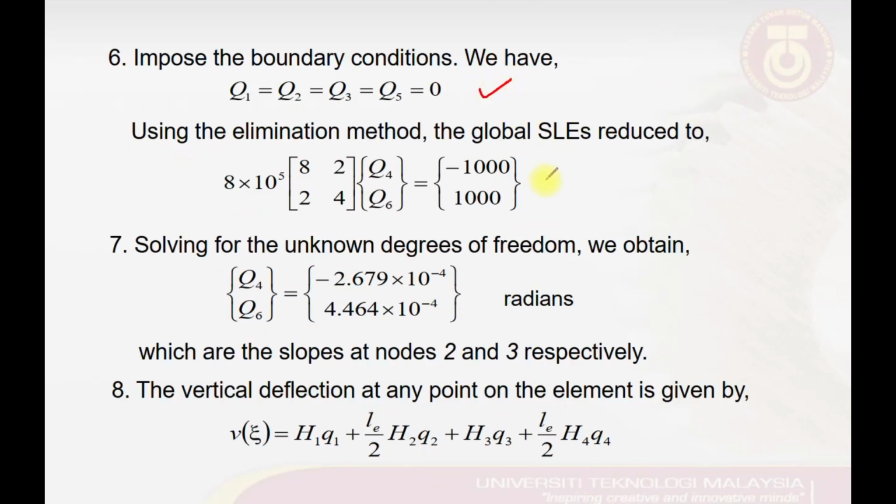So now we are able to reduce a big system into a simplified system of linear equations by imposing boundary conditions. At this stage, we can solve this system of linear equations using the calculator. Then we found that the displacements at nodes number 4 and number 6, which represent the rotations, are equal to these two values, in units of radians.